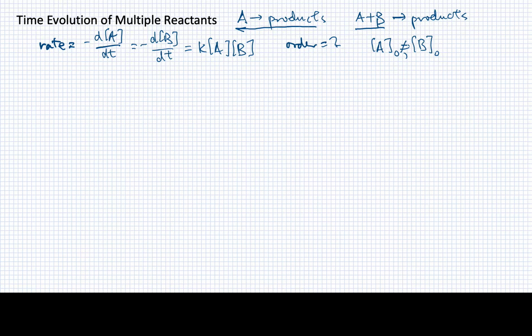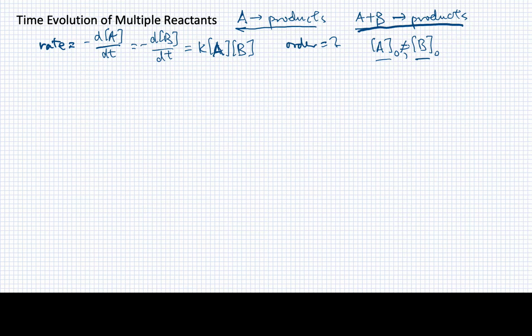The reason for this is a little subtle, but if I had them both at the same concentration to begin with, in effect I've reduced the number of variables in this equation by 1, because they're both changing exactly the same, and they're linked to one another via this balanced chemical equation up here. So I would only have one rate equation, not two, to worry about, and I could easily derive the time dependence of one from the other.